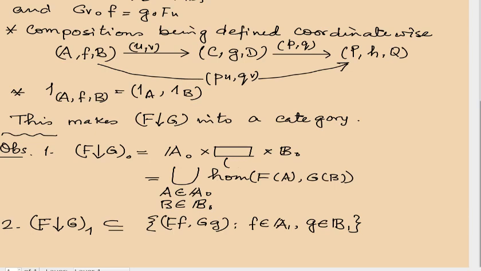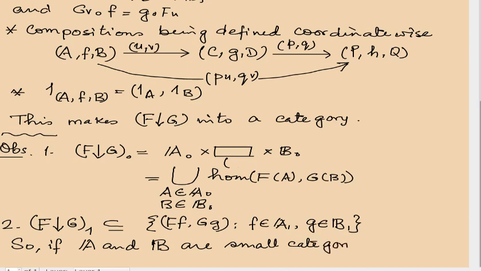So it turns out that if A and B are small categories, so also is this. And I leave it to you to answer this question.